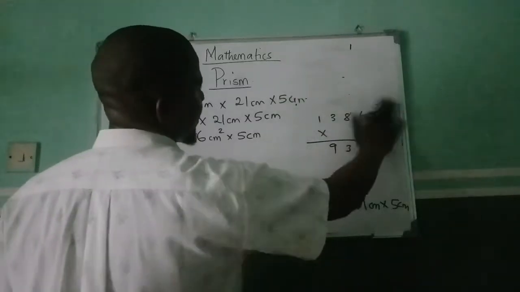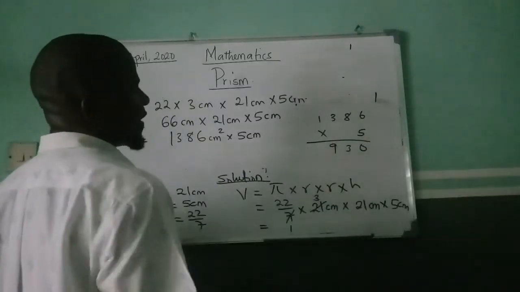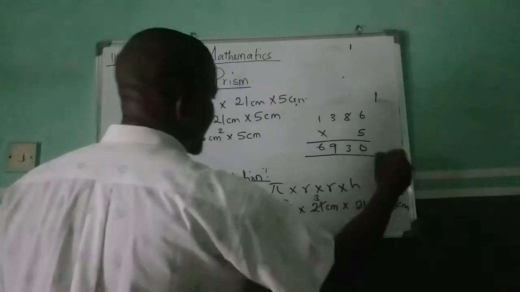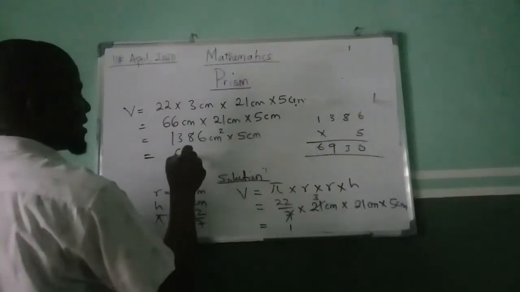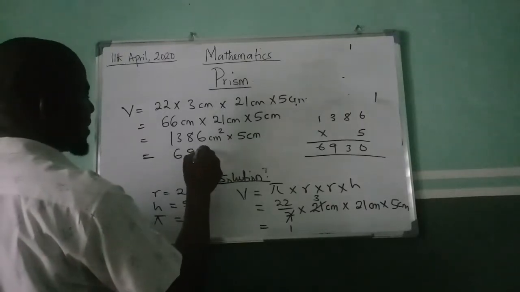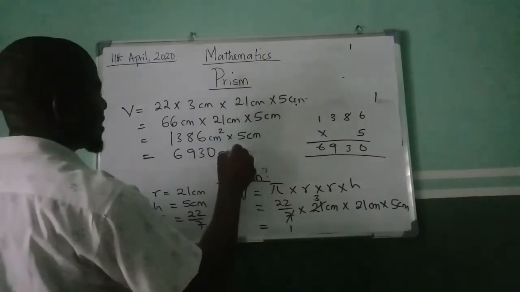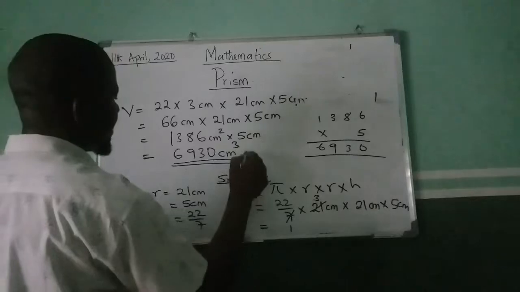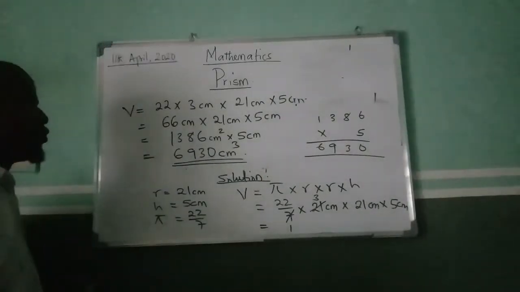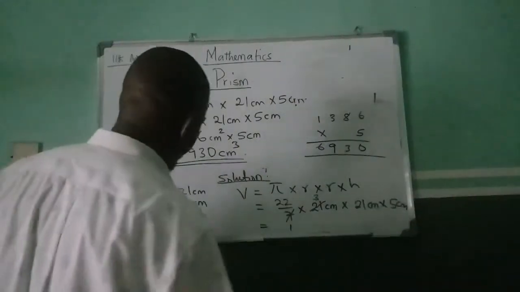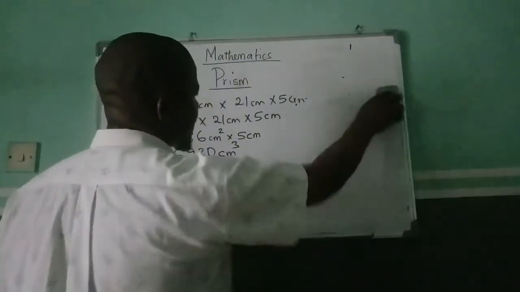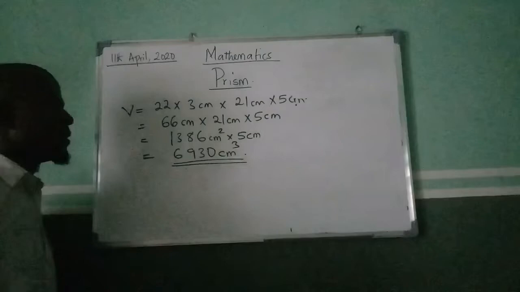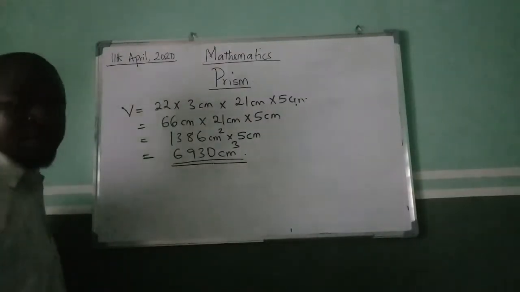I'll write down 9, carry 1. 5 times 1, 5 plus that one, 6. So you have 6,930 centimeters cube. This is exactly the value of the volume of my cylinder. I believe we are together.